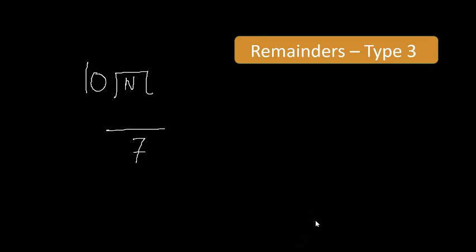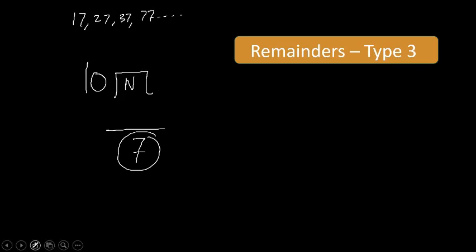Any other? 17, 77, 27, 37, these are all numbers which when I divide by 10, I will get 7 as the remainder. This is a type of number.